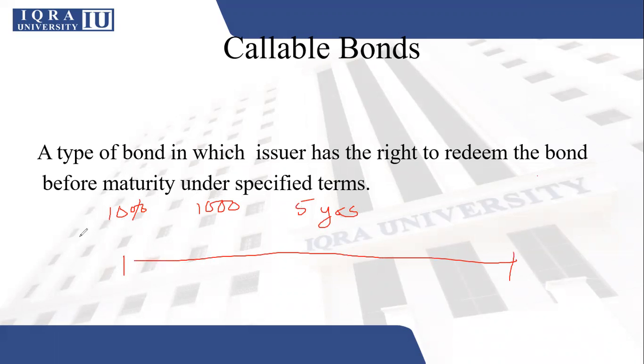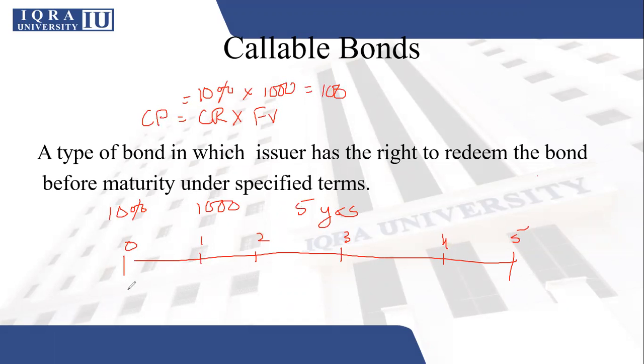So if we make a timeline out of this, the coupon payment is coupon rate multiplied by the face value. The coupon rate is 10% and the face value is 1000. So the coupon payment is 100.